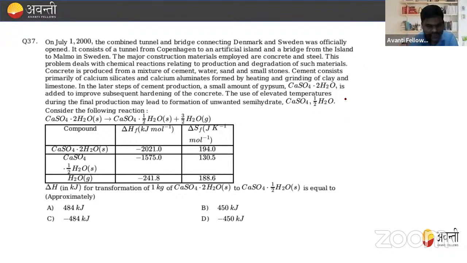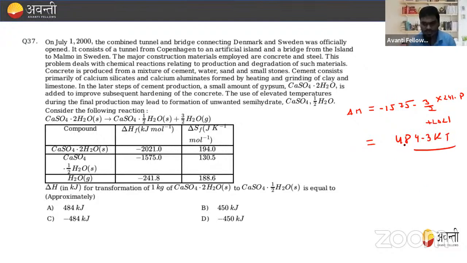So we know that delta H, how will you calculate this? Delta H is equal to minus 1575, which is already given, minus 3 by 2 into 241.8, plus 2021, or it comes out to be 484.3 kilojoule. How will it come?